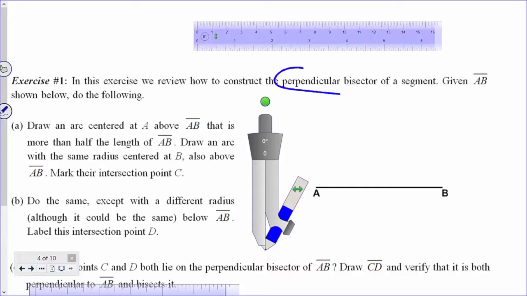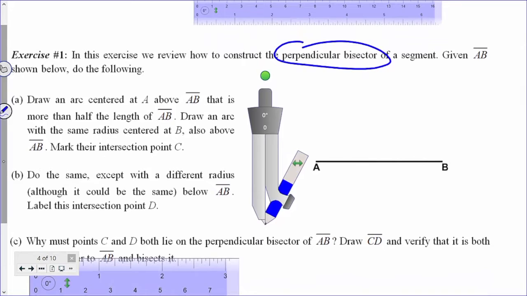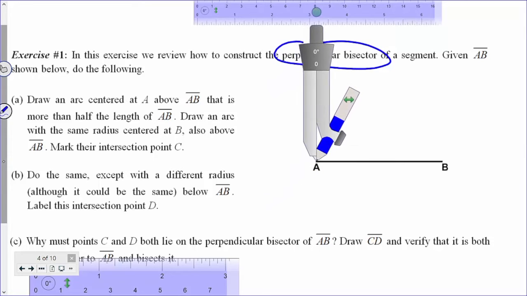Just what we were talking about. Given AB shown below, do the following. Let's just follow along. We're going to draw an arc centered at A, above AB, whose radius is more than half the length of AB. And draw the same arc also centered at B.